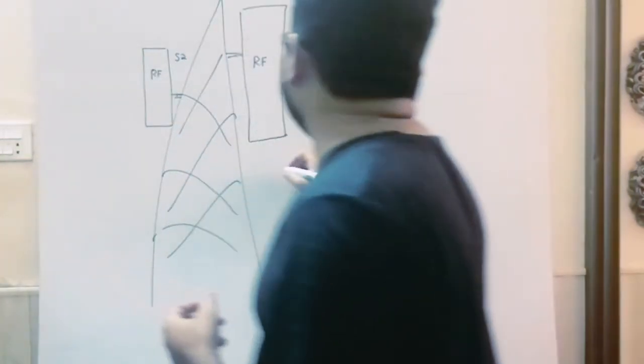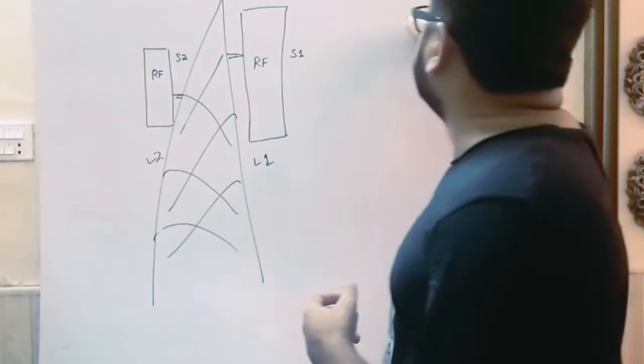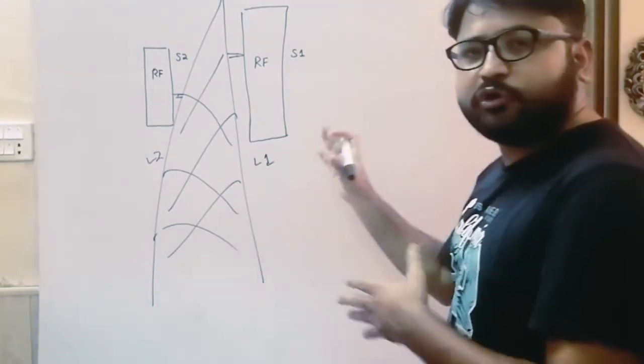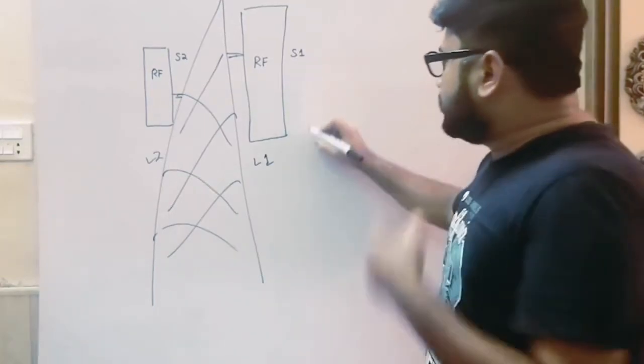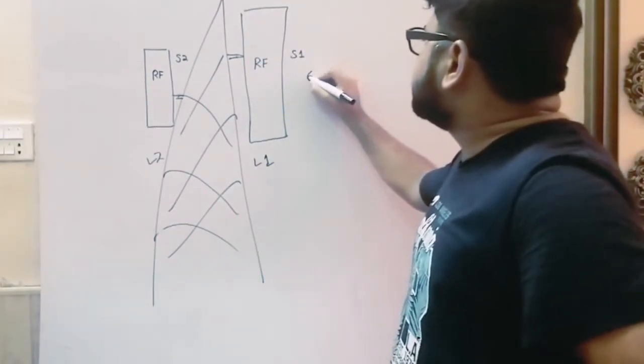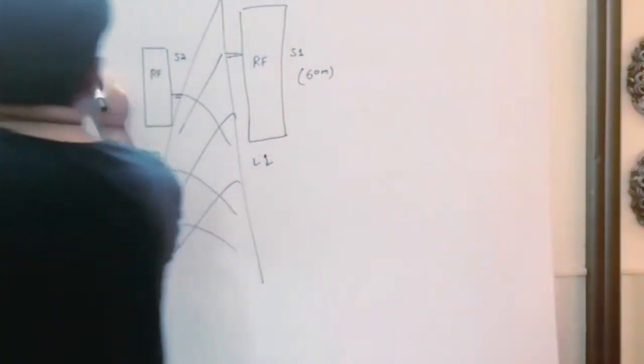And the third sector, this is leg 1 and leg 2, and for leg 3, first I am going to discuss leg 1 and then leg 2. As we know, this antenna is at 60 meter. Suppose this antenna is at 50 meter.